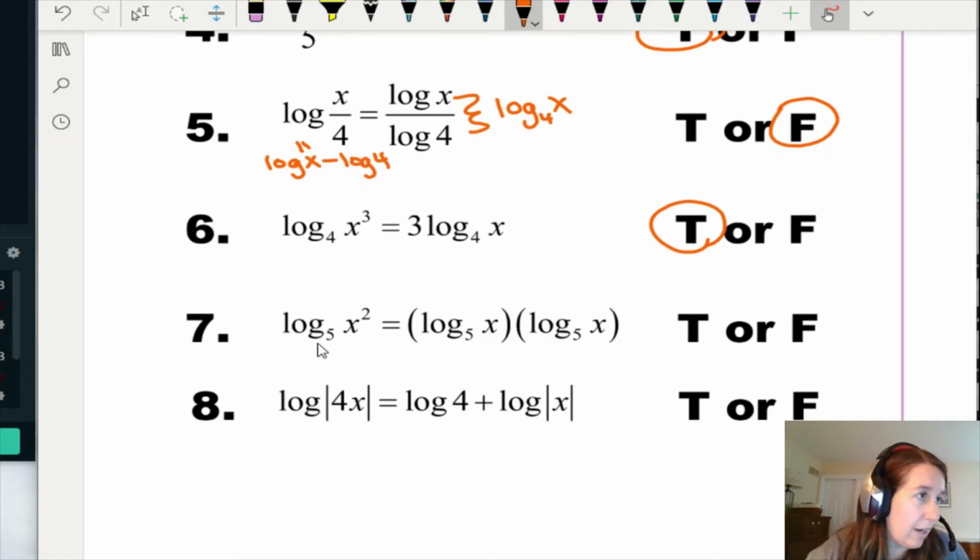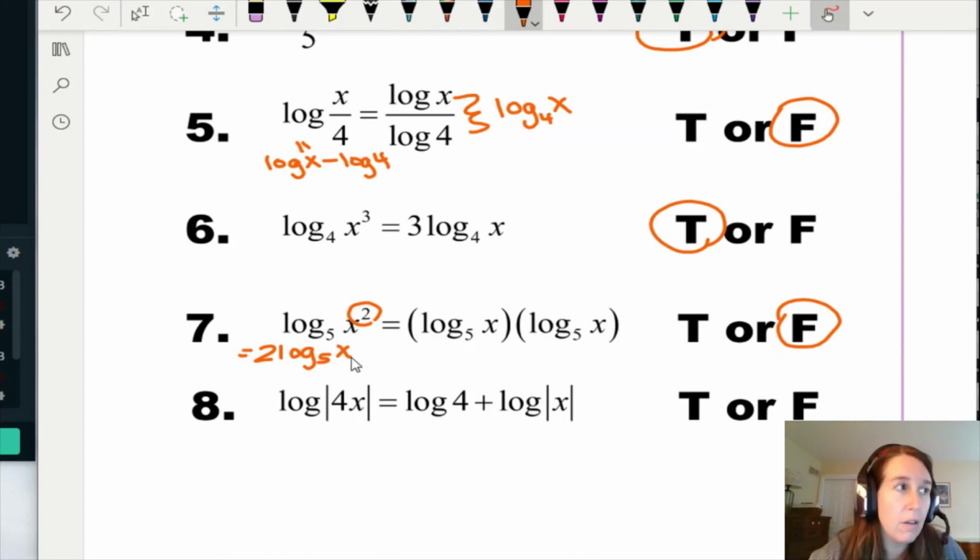All right. The next problem, you might think that is true because of the squared, but actually that is false. Okay, this we could use the power property. Oh yeah, got it this time. This would equal 2 log base 5 of x, right?